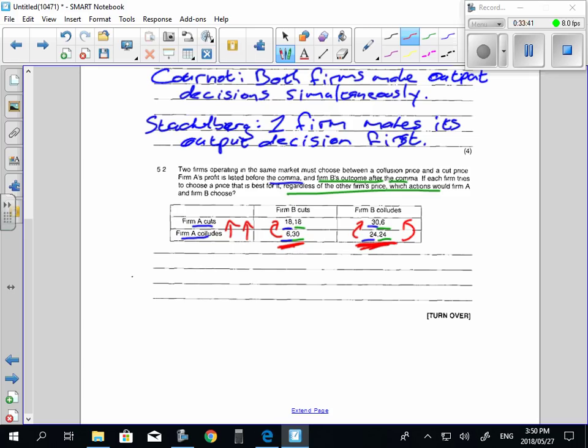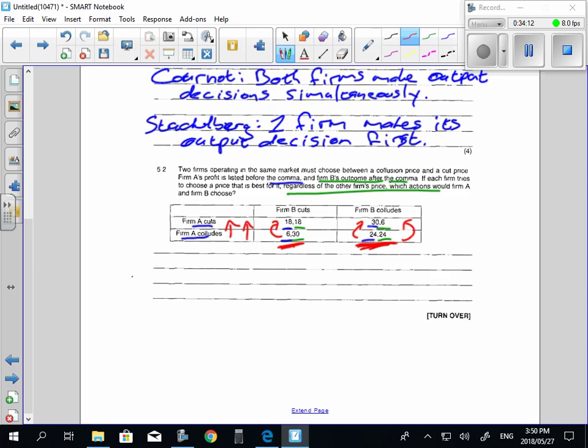So regardless of what B is doing, whether B is colluding with A or whether they cut the price or not, it doesn't make a difference to A. It's always in firm A's best interests to cut the price because they're always going to earn more money. Now, the same goes for firm B. Obviously, you can see the pattern is the same with the returns there. So regardless of firm A's strategy, whether they are cutting the price or not, firm B would earn more money if they cut the price.